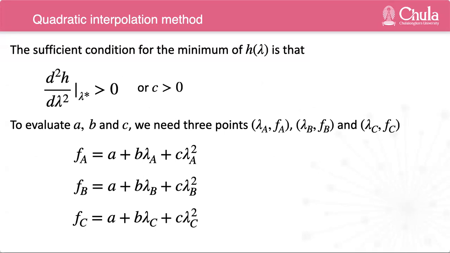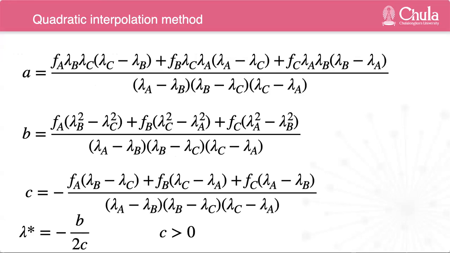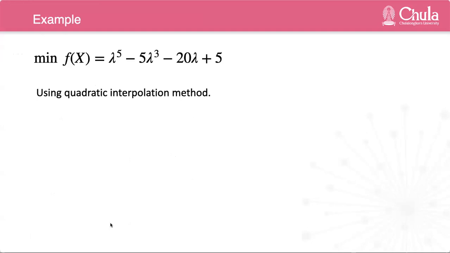From those 3 points, we can approximate A, B, C, which gives our approximated objective function, which is a quadratic function. Then we can find the minimum point. Okay, I will show you an example.